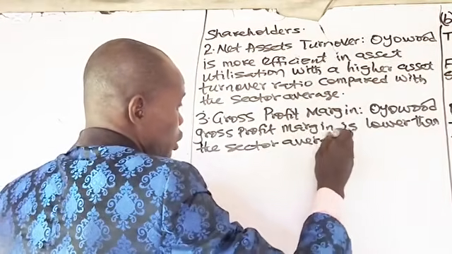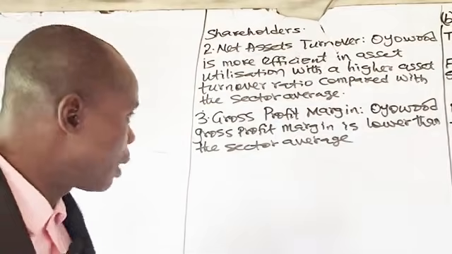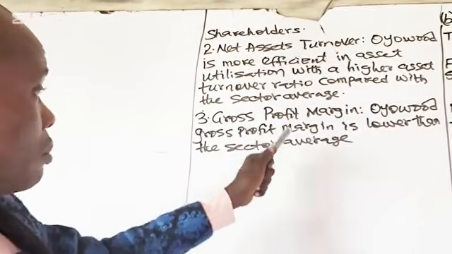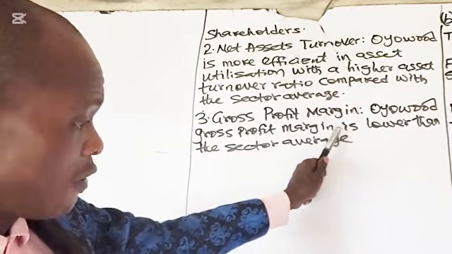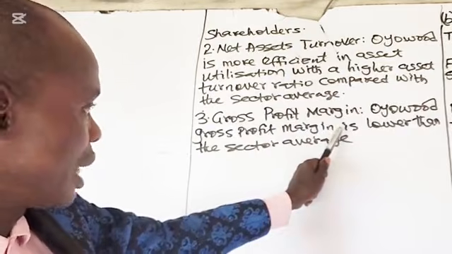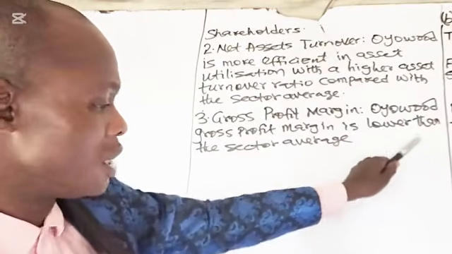I've told you, where the ratios were not provided as part of the report, you need to state them in your memo. Oyowood's gross profit margin of 28.6% is lower than the sector average of 30.0%.